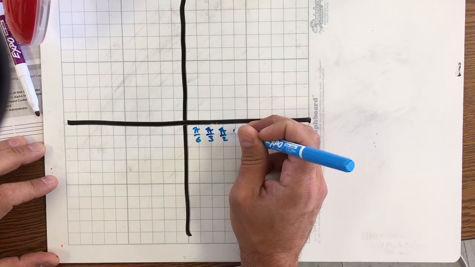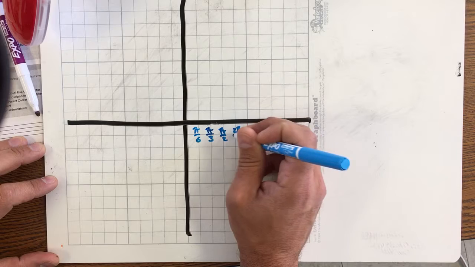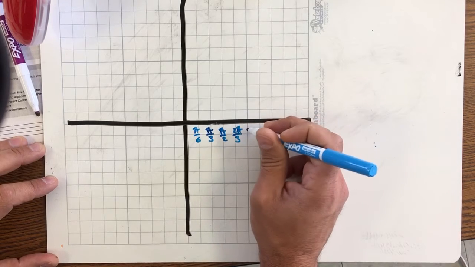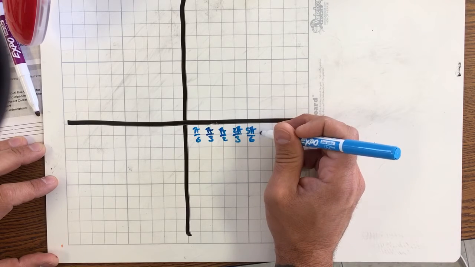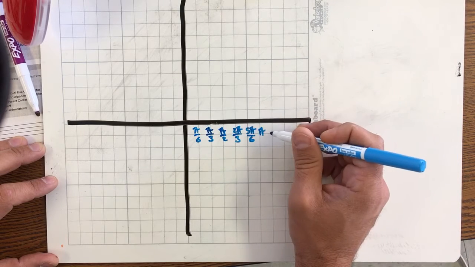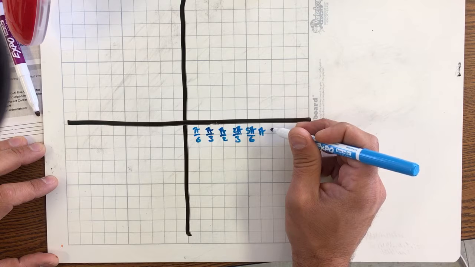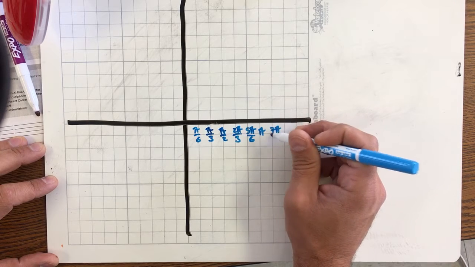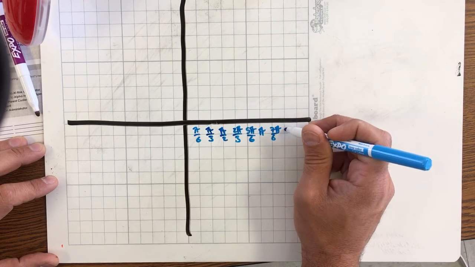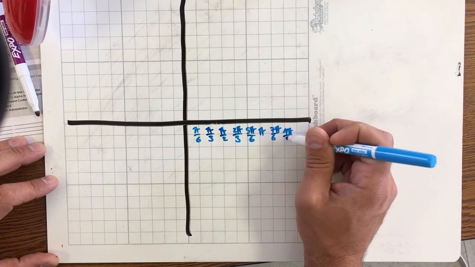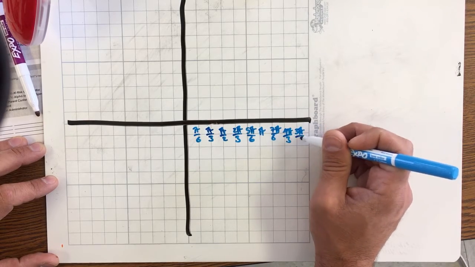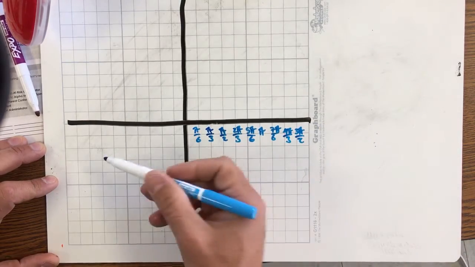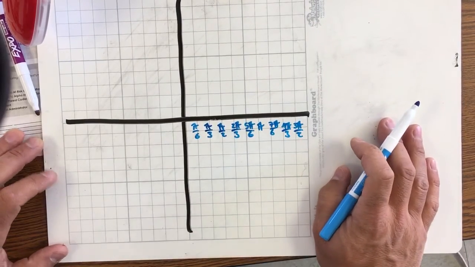That's 3 over 6. 4 over 6 is 2 pi over 3. 5 pi over 6. Pi. 7 pi over 6. 8 pi over 6 is 4 pi over 3. 9 pi over 6 is 3 pi over 2. And I'm going to do the same thing in the negative direction, okay?